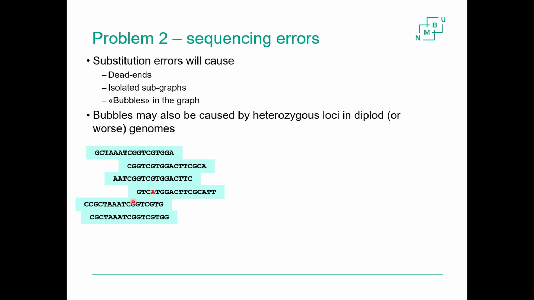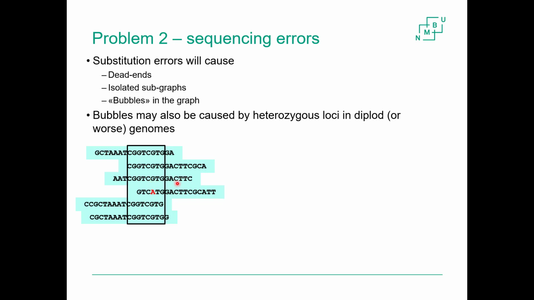So here I have a number of reads from the same region, more or less, right? So I have aligned them here. So let's just focus on this part here, which is aligned, right? So this region here is found towards the end of some reads and in the beginning of other reads, right? But they all cover this region here. Let's keep this one outside at the beginning, with the red A in it. So let's only focus on the other 5. And they completely agree on how things should look in this window, right?